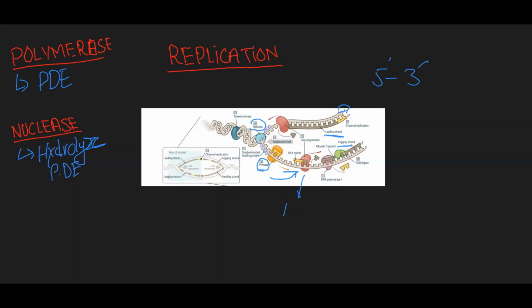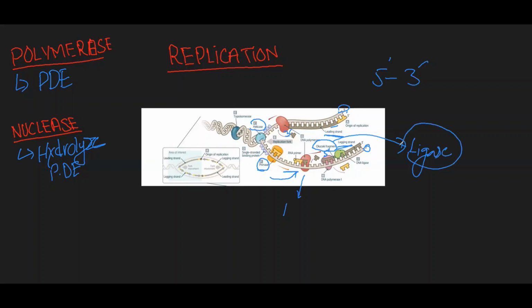So this strand is synthesized continuously, while this is the parent strand, and DNA is synthesized in this way. The segments of DNA synthesized in the lagging strand are known as Okazaki fragments, and these are later joined by the ligase enzyme.